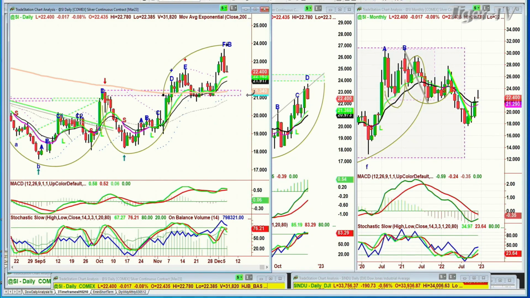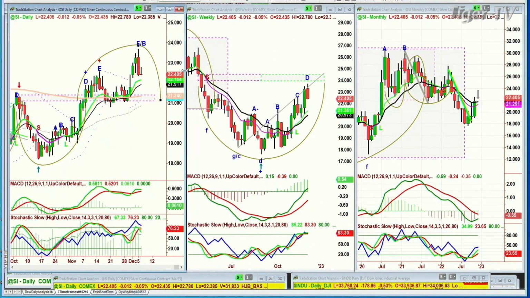But look what's happening. We are in the process of the sine wave going from just like a yo-yo, from the downside, midpoint, propeller shaft, midpoint, goes up to about the same distance and then comes back down to retest. And not only that, it has gone to a leg D in the weekly chart. That's really important.